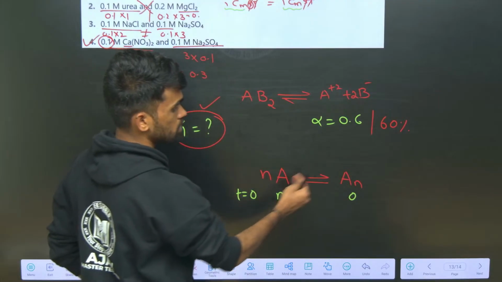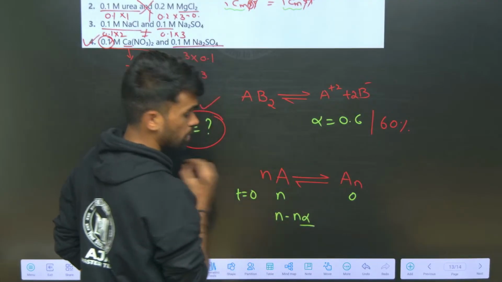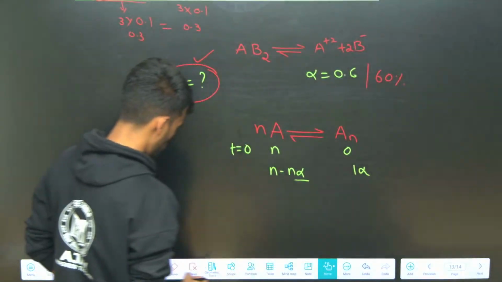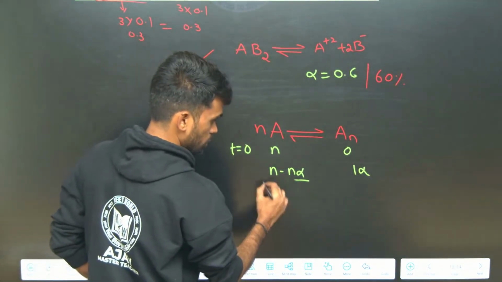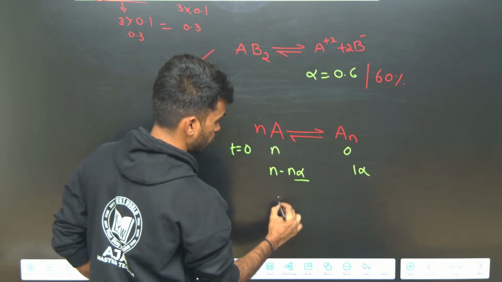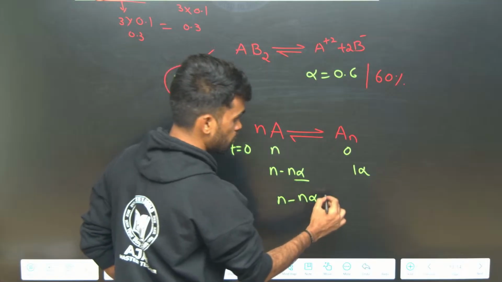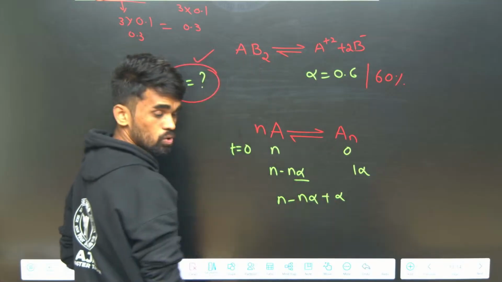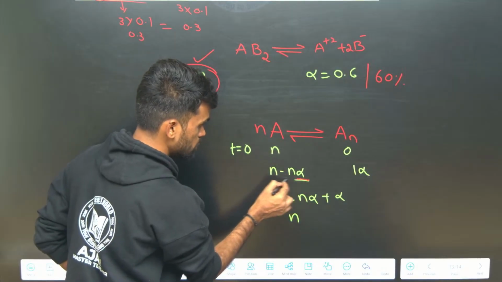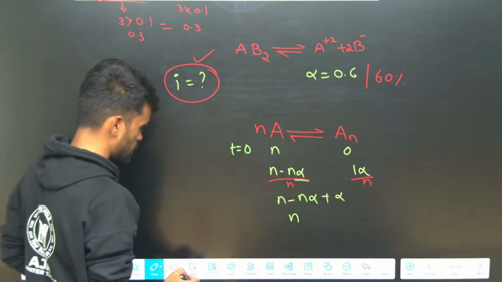After some time it is undergoing association, so it becomes n minus n alpha, and here it is forming 1 alpha. So now from this, what will we get? Total number of particles, add this one plus this one, so it will be 1 minus n alpha plus 1 alpha. From this, what I am doing is dividing this with n, and here also I am dividing with n for simplification purposes only.